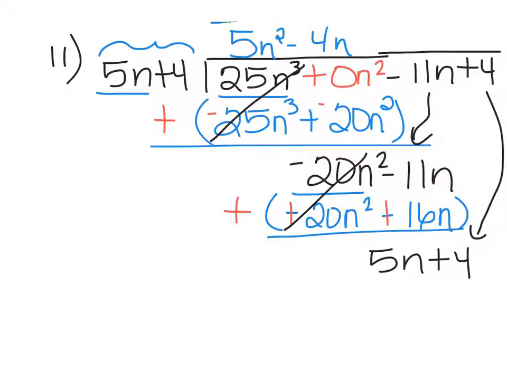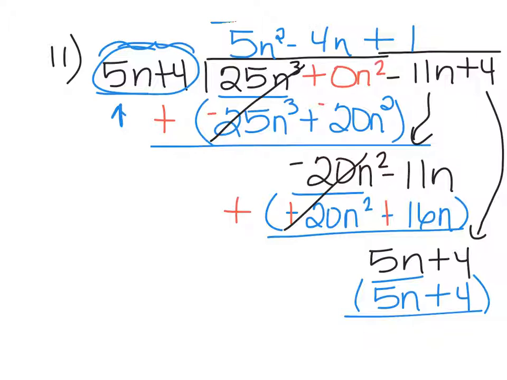Okay, so 5n, this 5n, goes into this 5n one time. So I'm going to put plus 1, and I need to multiply 1 times all of this. Well, 1 times 5n is 5n, and 1 times 4 is 4.